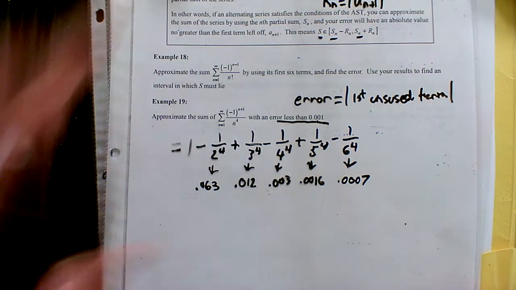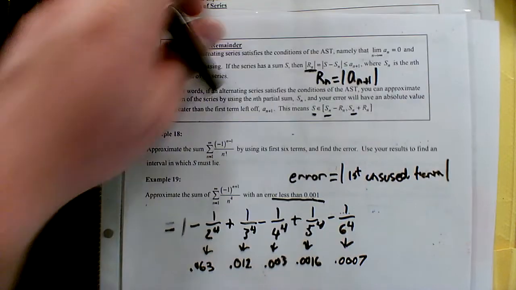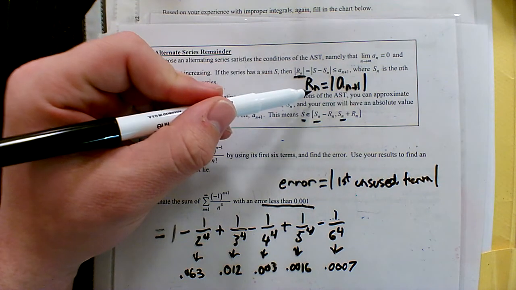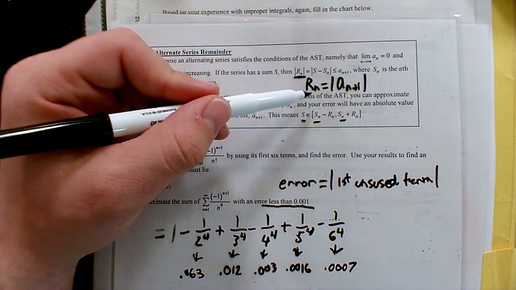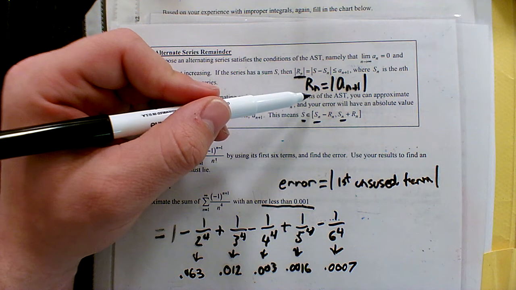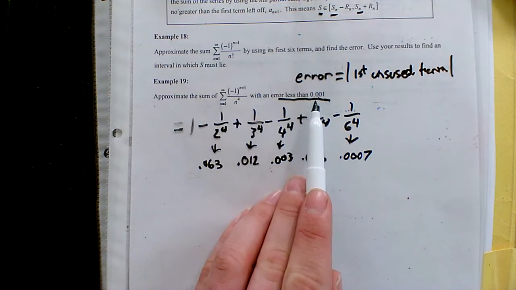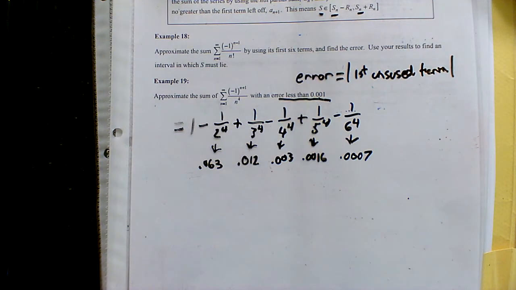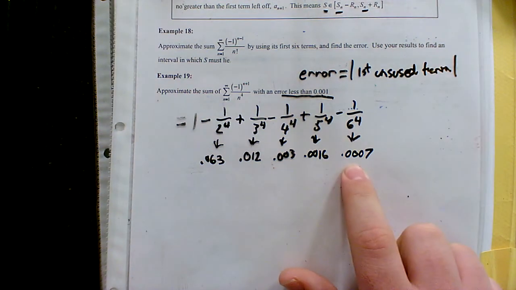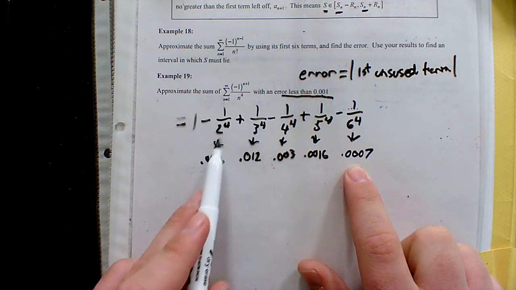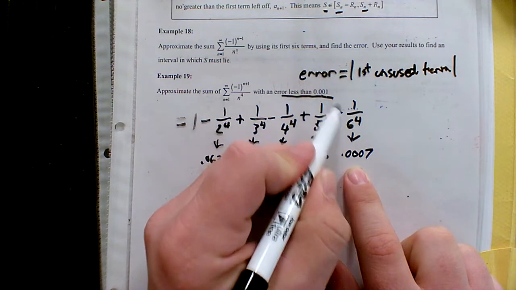So if you think back to what I just said in the first problem, we took the sum of 6. Your first unused term was term 7. So we took the absolute value of that unused term. So we want our error to be less than 0.001. So what's our first term that's less than 0.001? Well, in this problem, it's our 6th one.